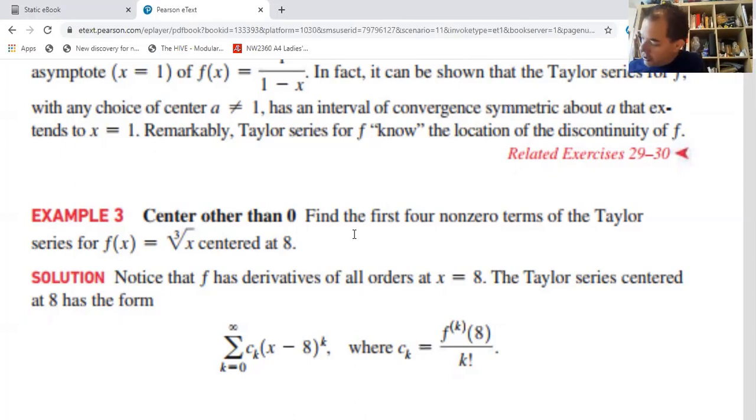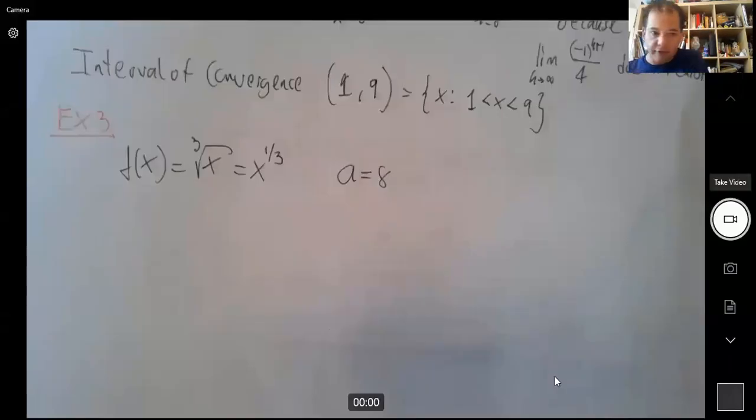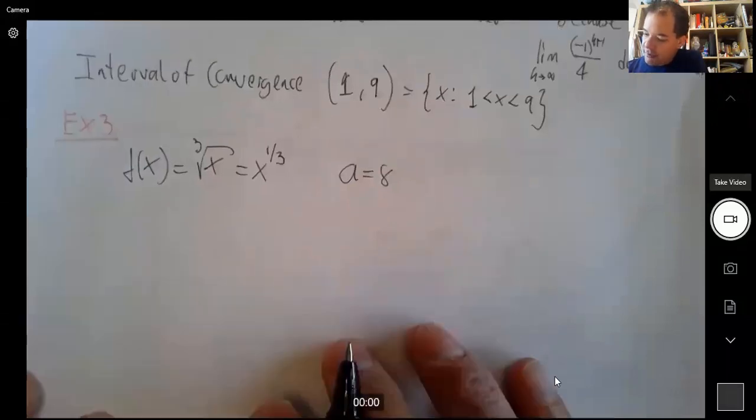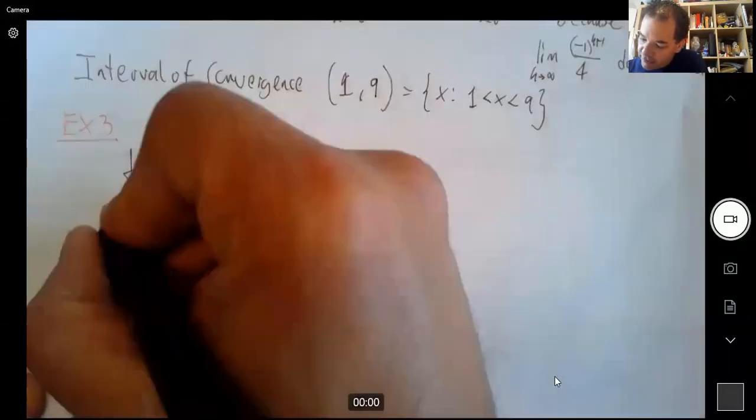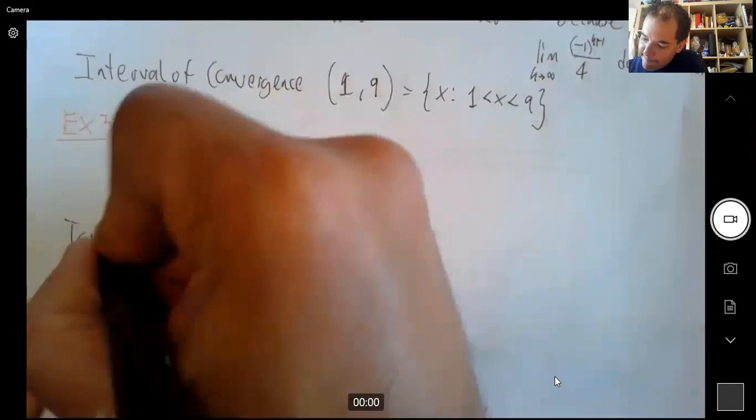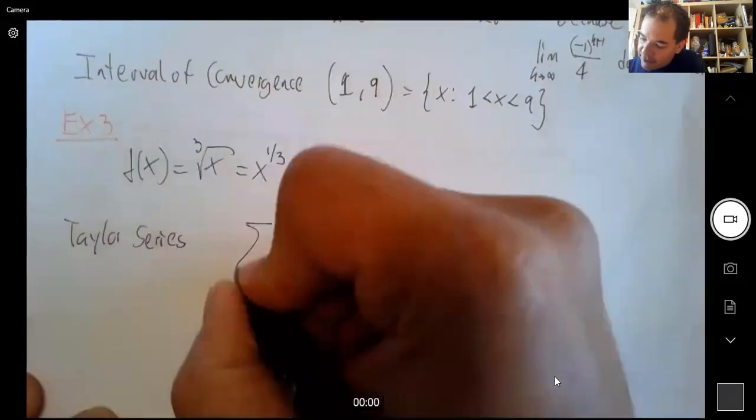Our function is cubic root of x, that's the same as x to the power 1/3. And our center is 8. All right, let's go to the page. This is the function and the center. And so here is the Taylor series formula. As you remember, it's just like the Taylor polynomial.